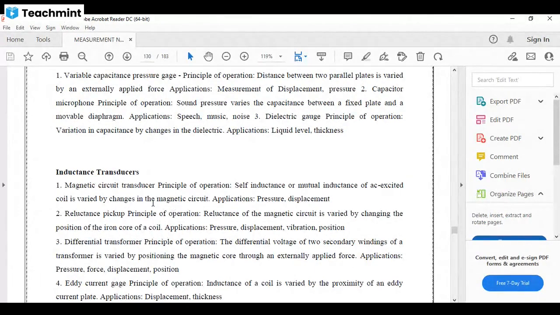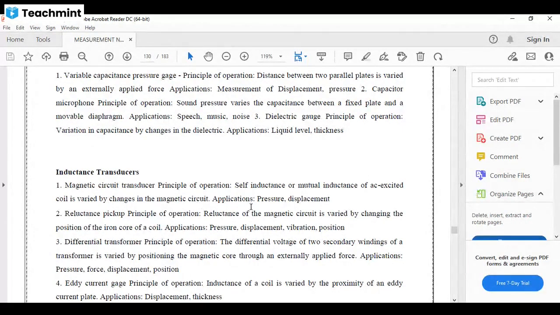So the first inductive transducer is the magnetic circuit transducer, whose principle of operation is that the self-inductance or the mutual inductance of an AC excited coil is varied by change in the magnetic circuit.